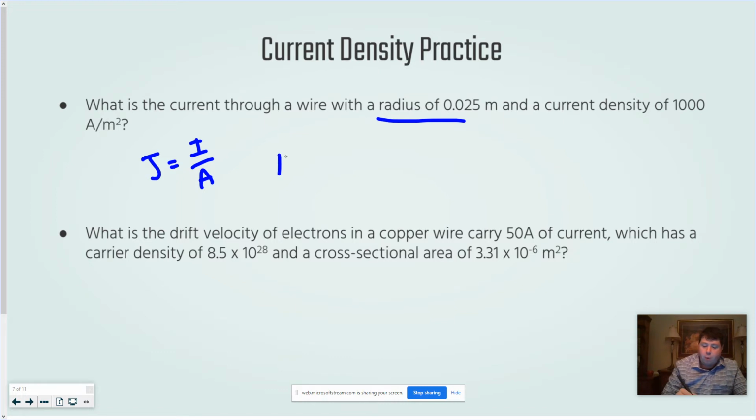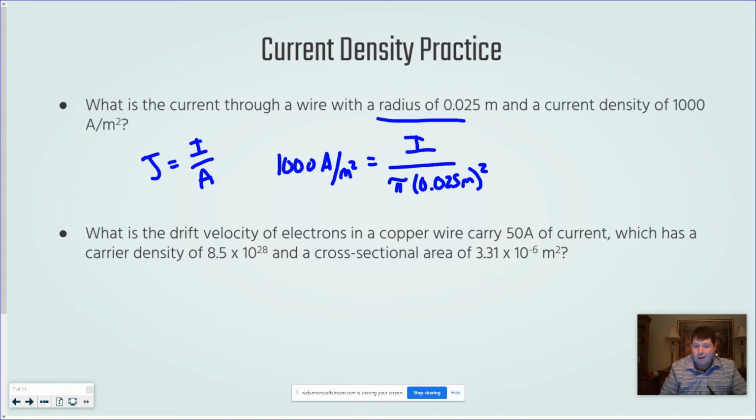So we just need to remember when we plug in our numbers here that the area of a cross-section that is a circle is pi r squared. So to solve for my current, I'm going to plug in pi times the radius, 0.025 meters, squared for my A there. And when you solve out for the current, I got a whopping 1.96 amps.